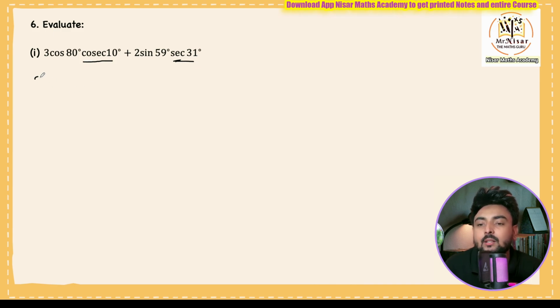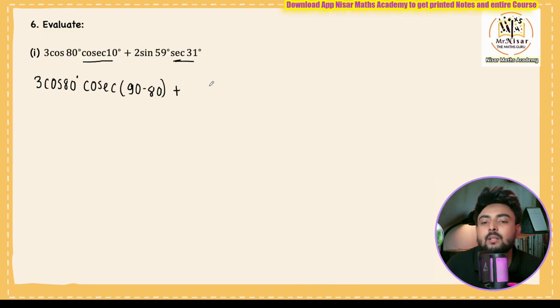Okay, so I'll write here 3 cos. For the conversion into complementary, what I told you, what is our first step? You should write in terms of 90. 3 cos 80 into cosec. Can I say that this 10 can be written as 90 minus how much becomes 10? 90 minus 80 becomes 10, plus 2 sin 59, then sec 90 minus how much becomes 31? 90 minus 59 becomes 31.